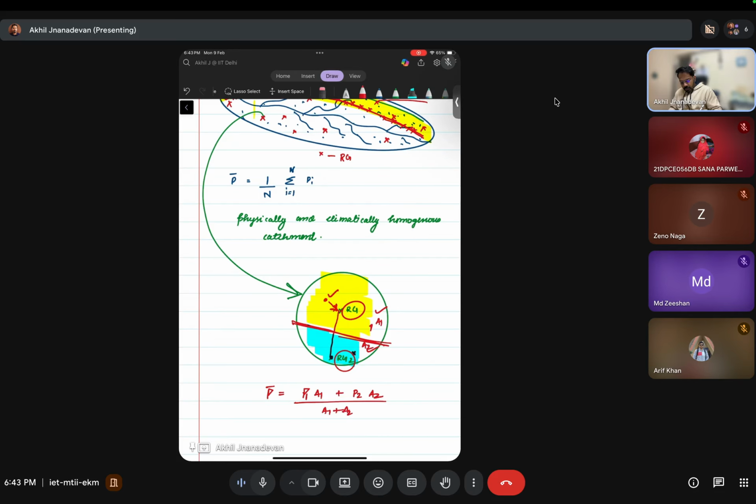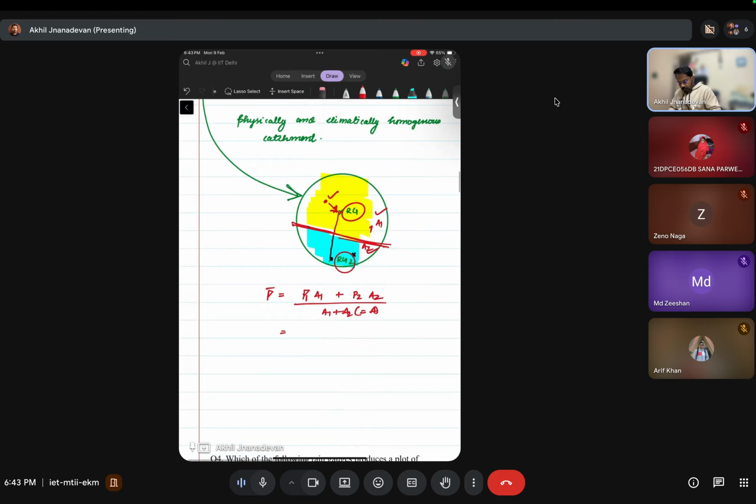A1 plus A2 is equal to the total area A. So I can write this as P1 into A1 by A plus P2 into A2 by A. Basically we are taking a weighted average, giving weights to each of the precipitation values.